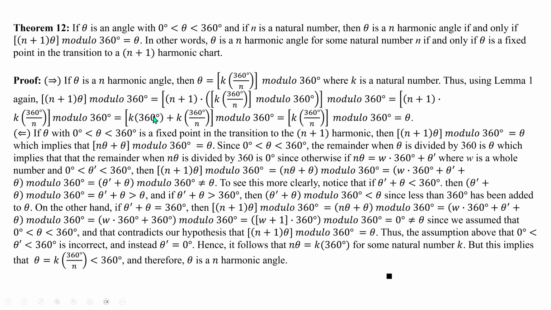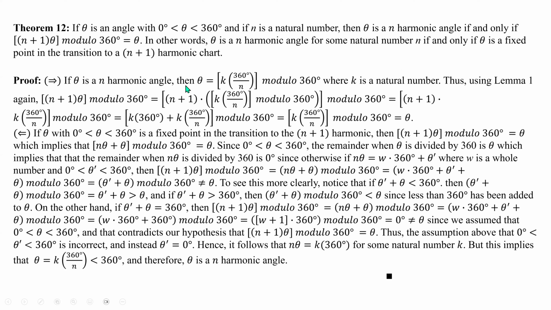Okay, now, since this is a natural number multiple of 360 degrees, this part modulo 360 is just going to be 0 degrees. So this part contributes nothing to the final outcome. So this is going to be equal to just k times 360 degrees over n modulo 360 degrees.